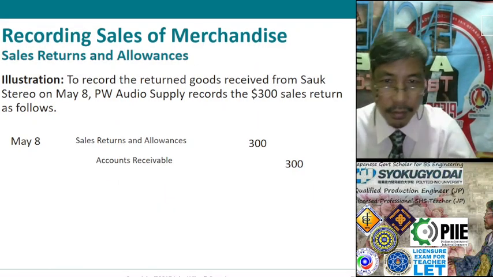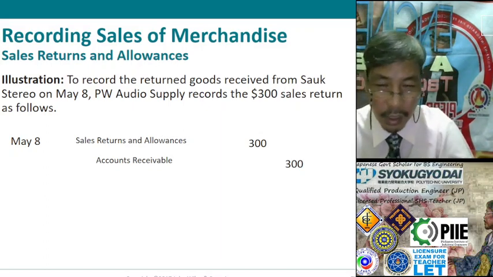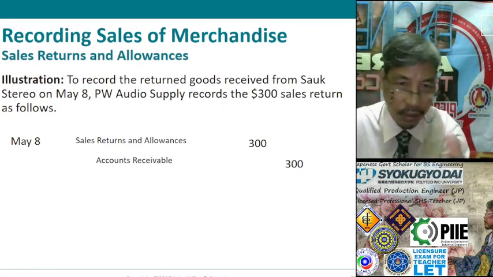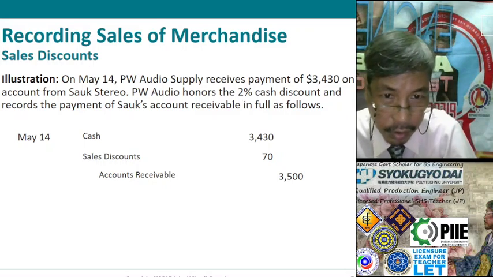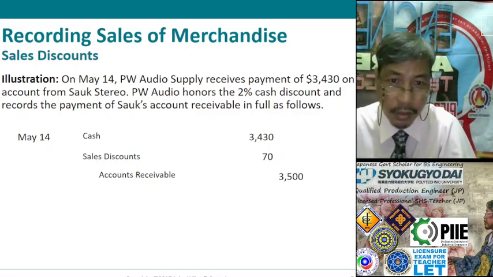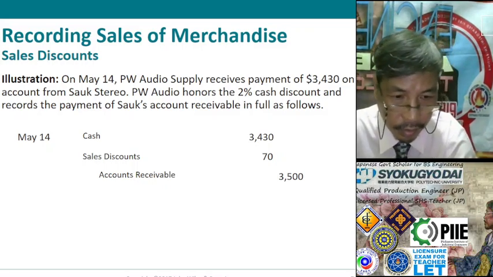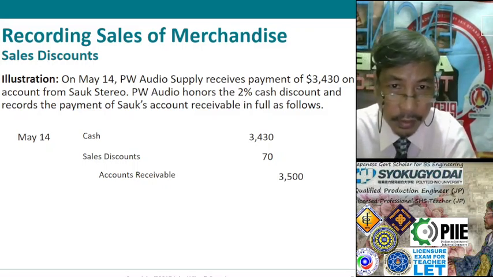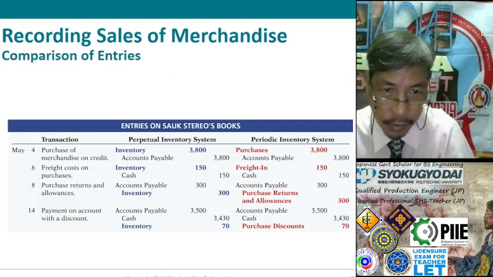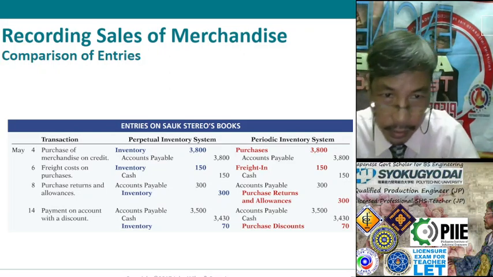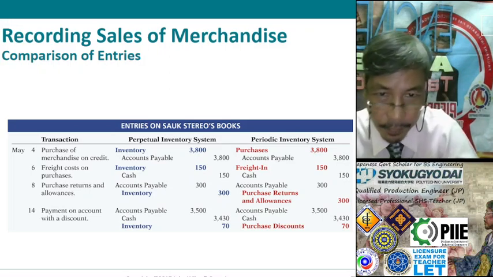So for sales returns and allowances, just use the sales returns and allowances account name and accounts receivable. So you have a more direct illustration. So this is, I think, easier, no? So cash and sales discount, accounts receivable. So straightforward examples.